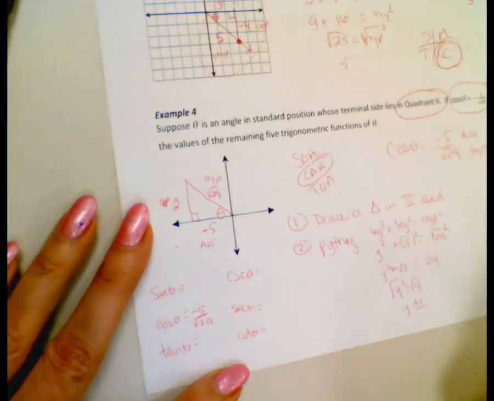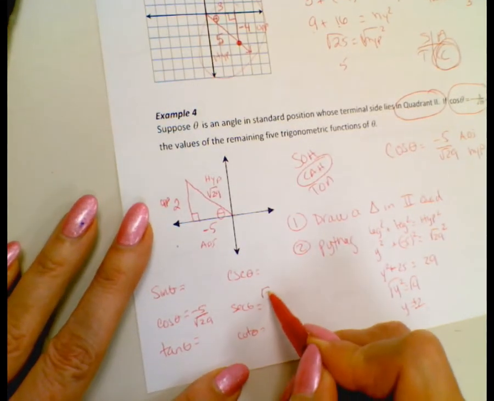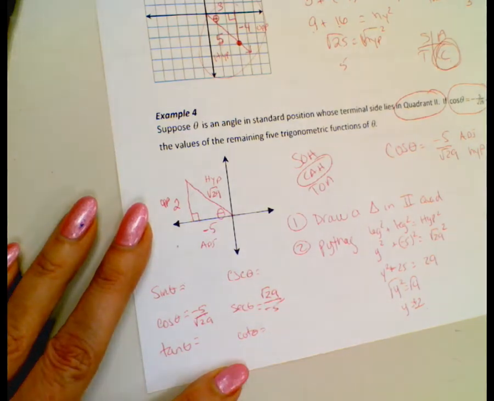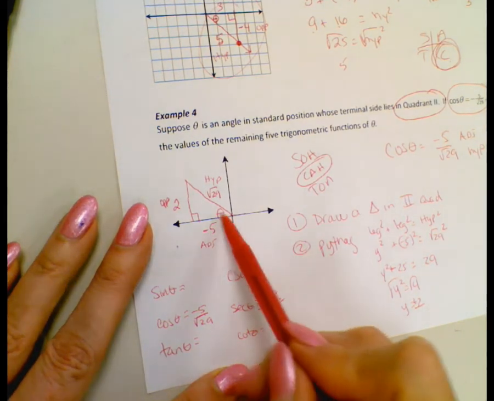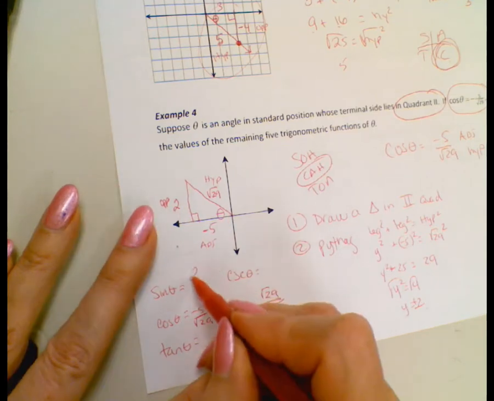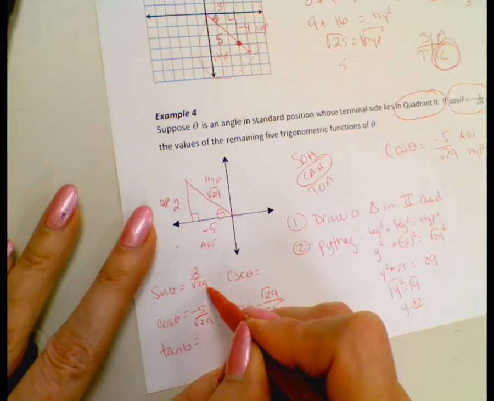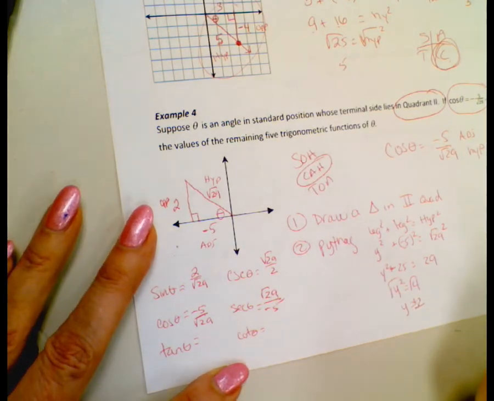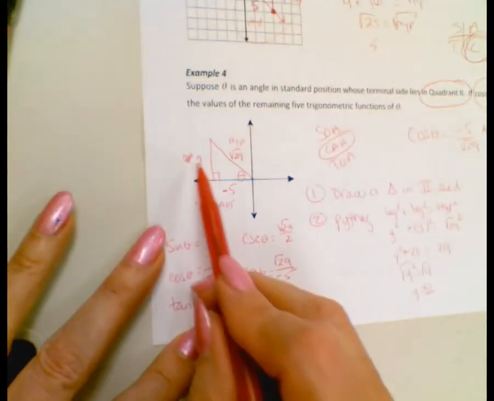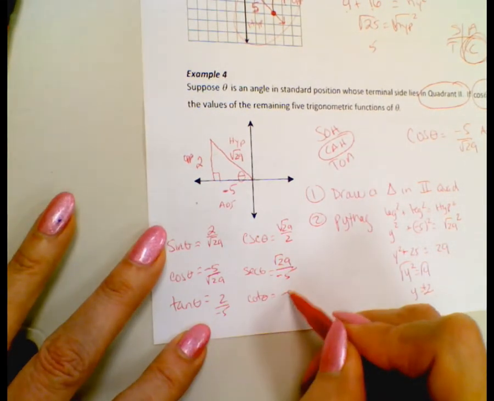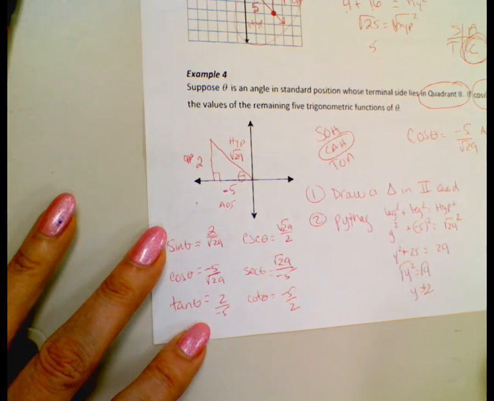That was given. And then the secant is the reciprocal of that. So that's 2 of them without even doing any triangle work. That's adjacent over hypotenuse. Now we're going to do sine. Sine is opposite over hypotenuse. And if you flip that, you get radical 29 over 2. Tangent is opposite, which is 2, over adjacent, which is negative 5, and if you flip that, it's negative 5 over 2.